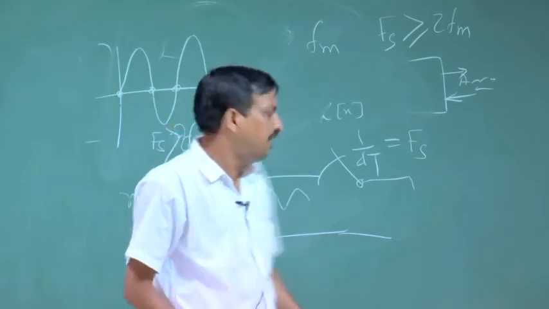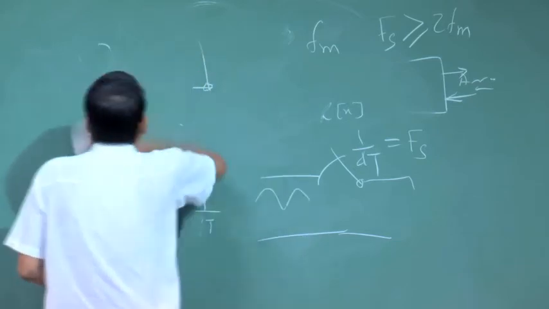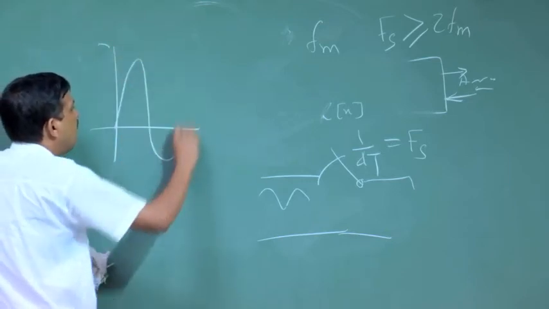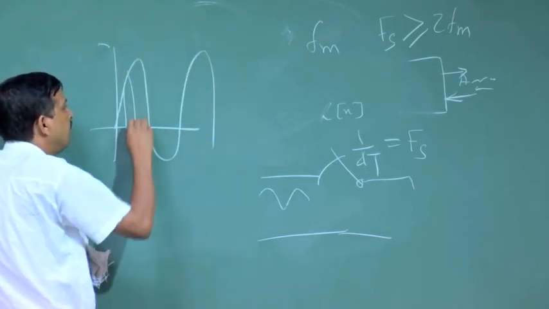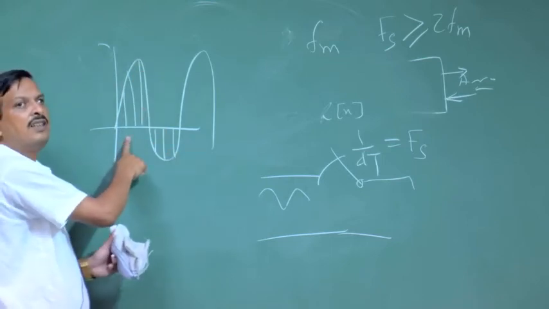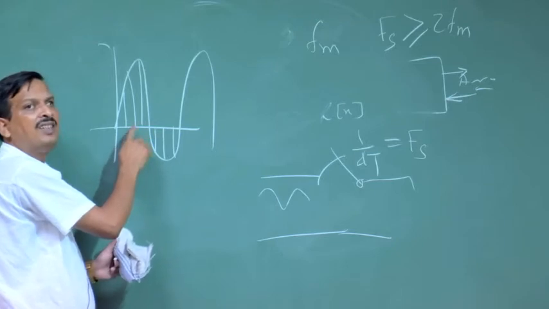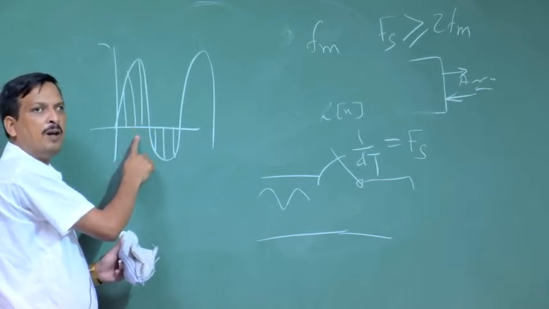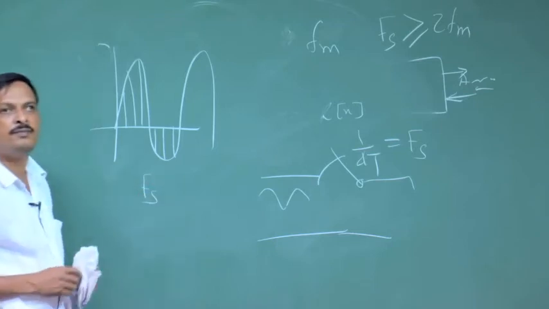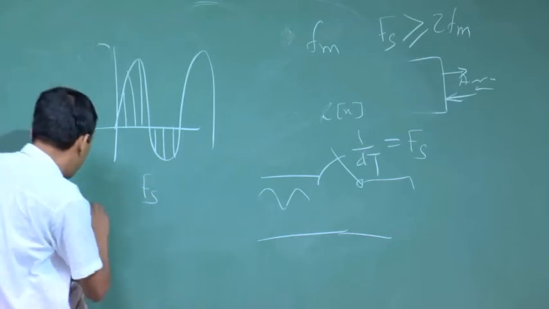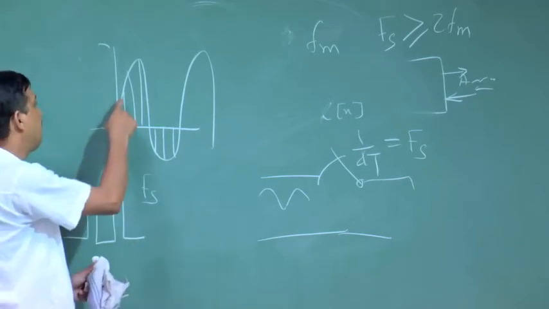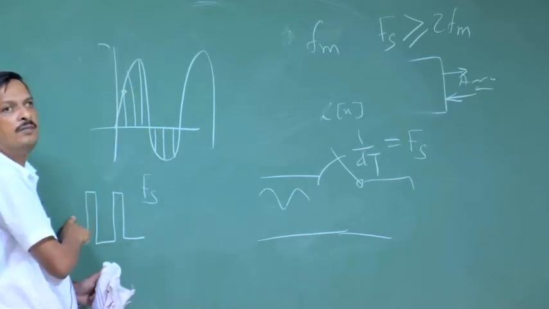Okay. So, instead of operating on the analog signal, I am taking some sample instants. That is called sampling. How do we take the sample instants? By multiplying this signal with an impulse signal whose frequency is Fs. When the impulse is present, I take the measurement of the signal.